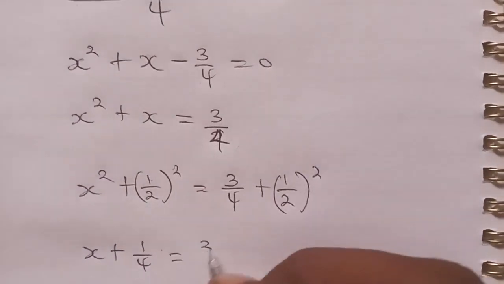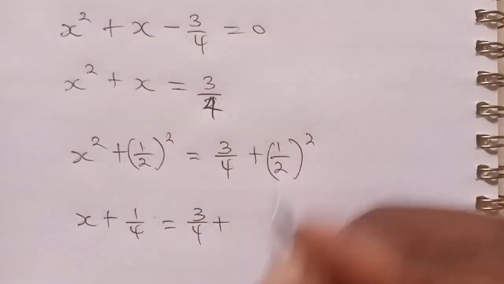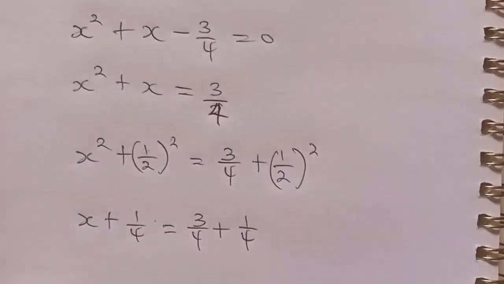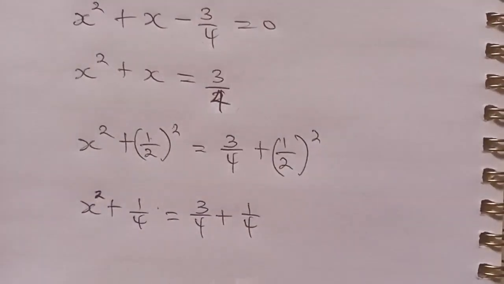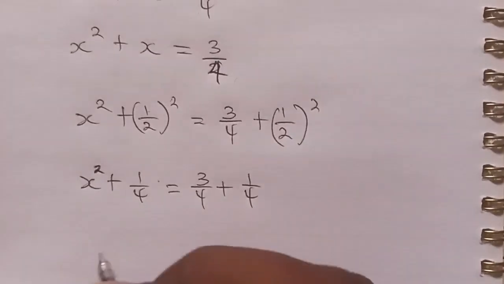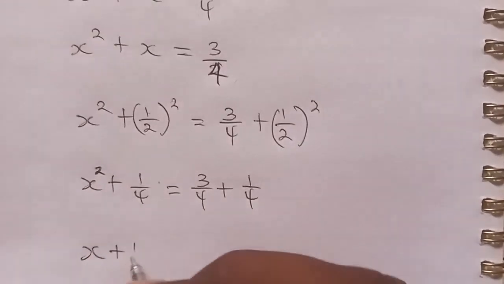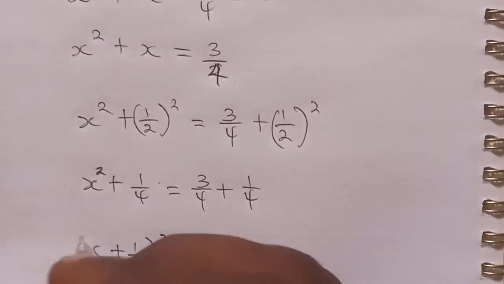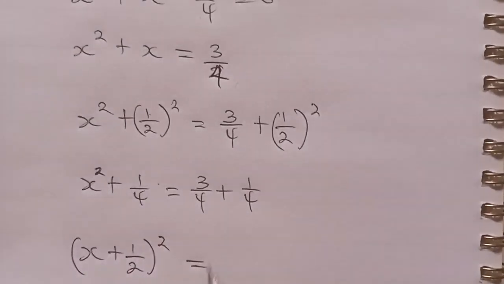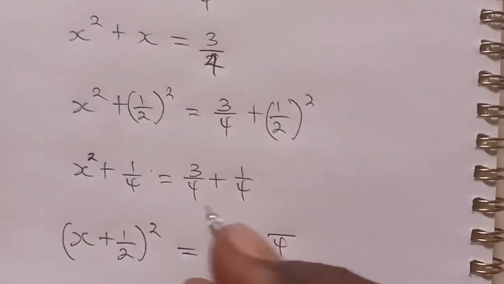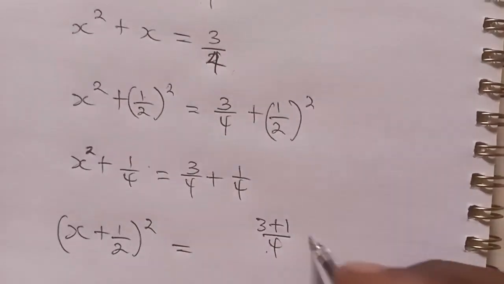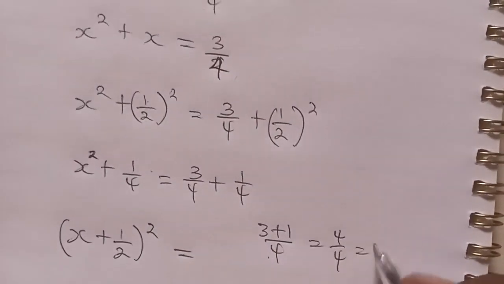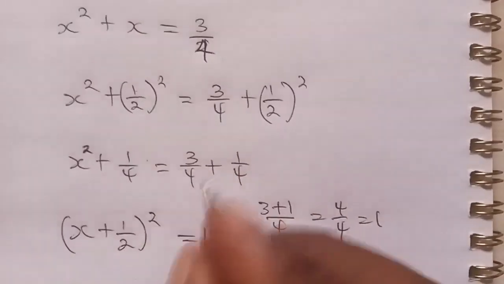So it's equal to 3 over 4 plus 1 over 4. The next thing we'll now have is x plus 1 over 2 all squared is equal to, if we resolve, the common denominator is 4, 3 plus 1 is 4. So what we have here is 4 over 4, which is 1.